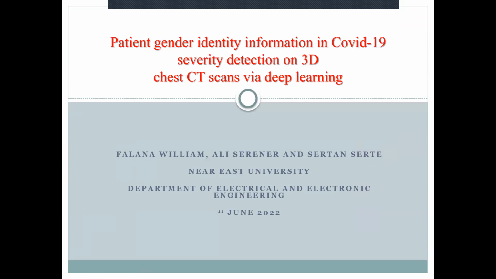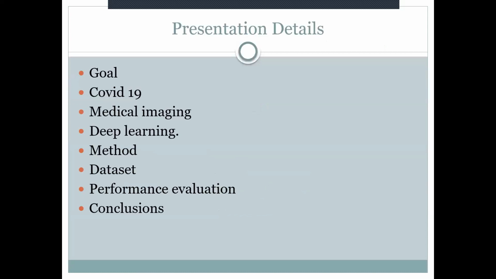Okay, sir. Hello, everyone. Today, I'll be talking on the paper titled Patient Gender Identity Information in COVID-19 Severity Detection on 3D Chest CT Scan via Deep Learning. Firstly, we're going to be discussing the goal, brief information about COVID-19, medical imaging and deep learning, and then we'll move to the methods that we adopted.